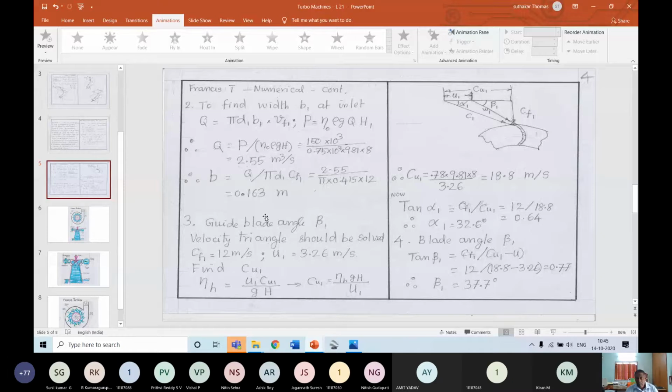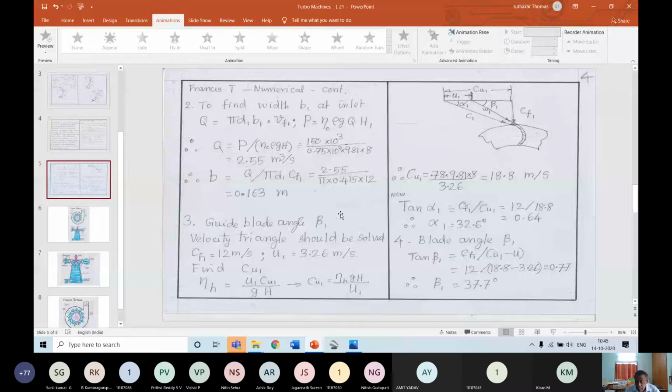Next we have to calculate the guide blade angle and also the rotor blade angle beta 1. Guide blade angle, sorry, it should be alpha 1.